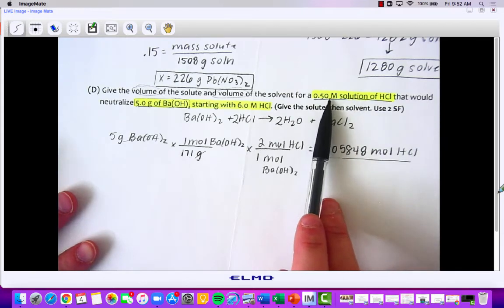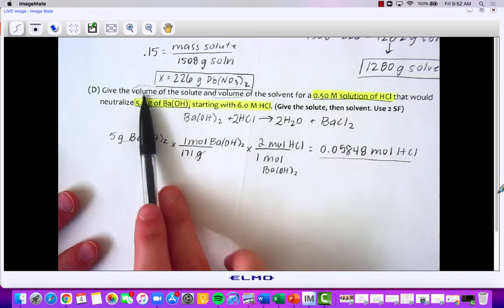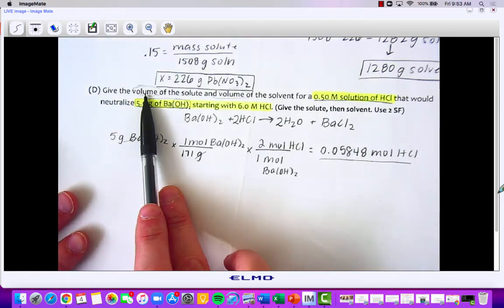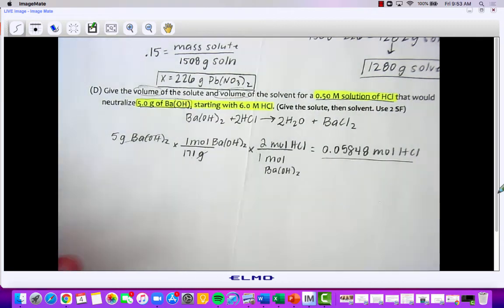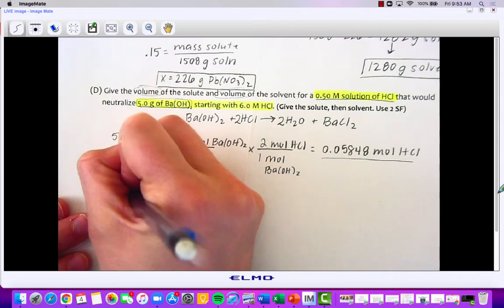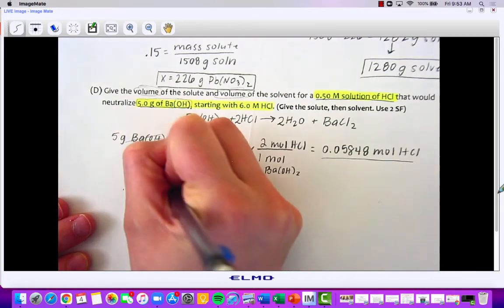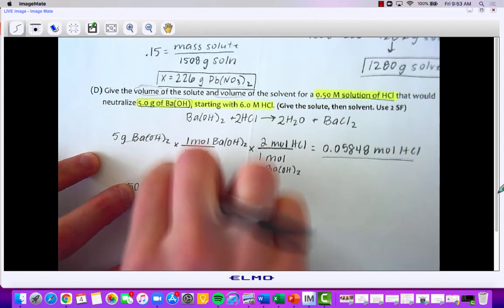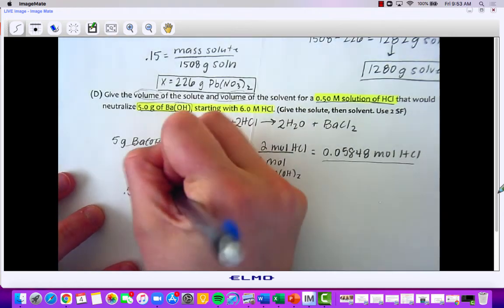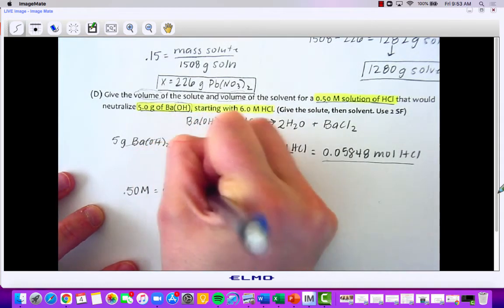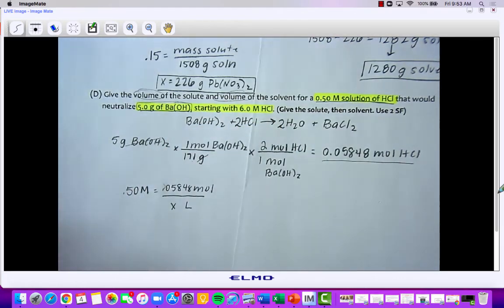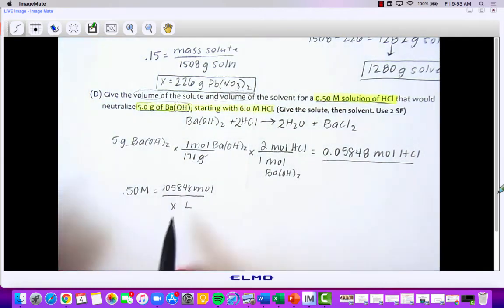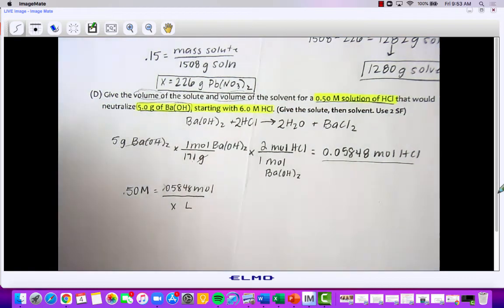Here's the molarity of HCl that we have. Question wants volume. So, moles, molarity, lets me find volume. So a 0.50 molar solution is 0.05848 moles over X liters. So now to solve, I would multiply X over and divide by 0.5.